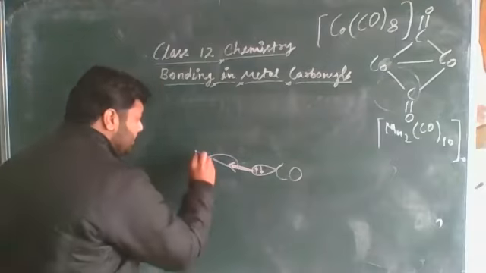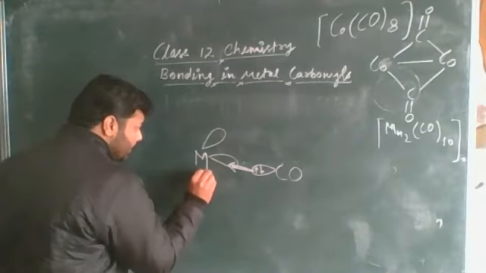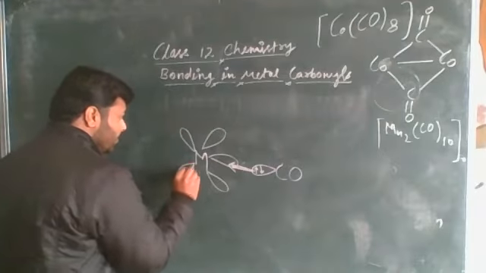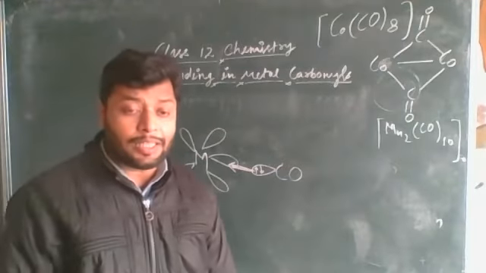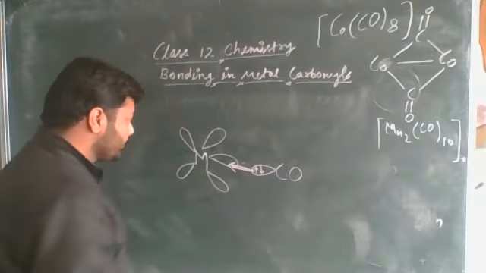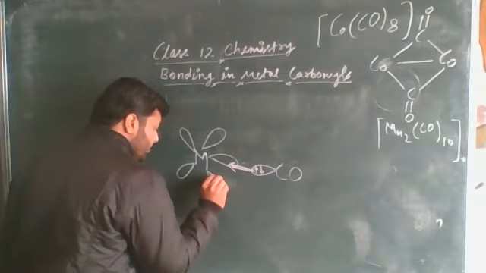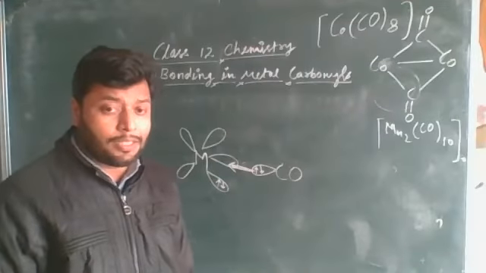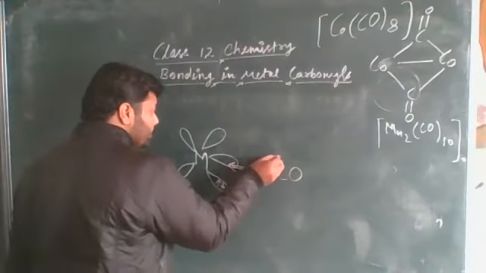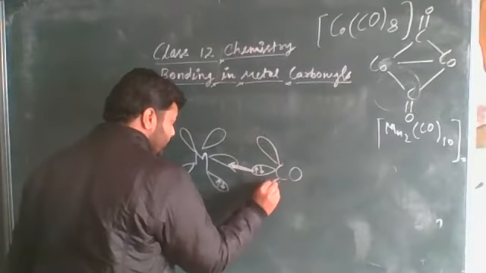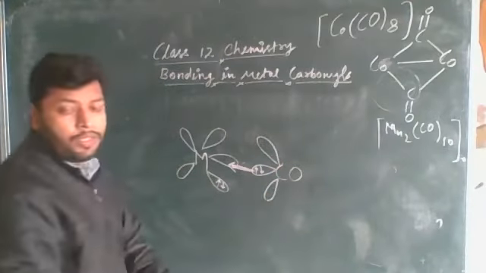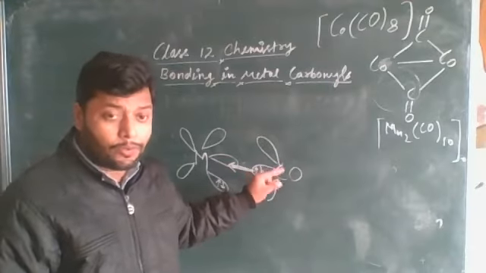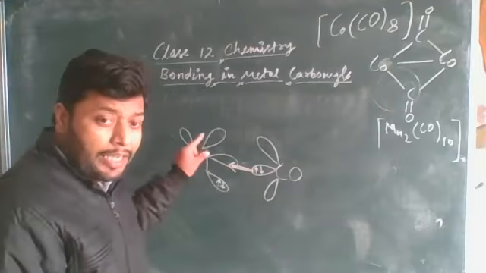At the same time, some more d orbitals of the metal are filled, and these are called filled orbitals of the metal. At the same time, this is an anti-bonding p orbital of carbon.